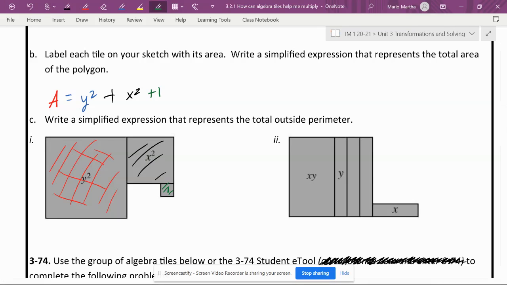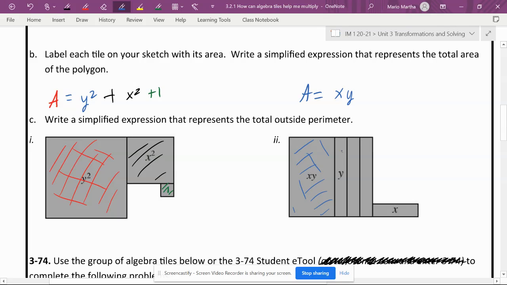In part C. Okay, and then let's look at the area for question 2, and then we'll do the perimeters for both as well. So let's look at the area. Now in this case, we do have different shapes. Here we have xy, which would be the area of it. We only have one of those.